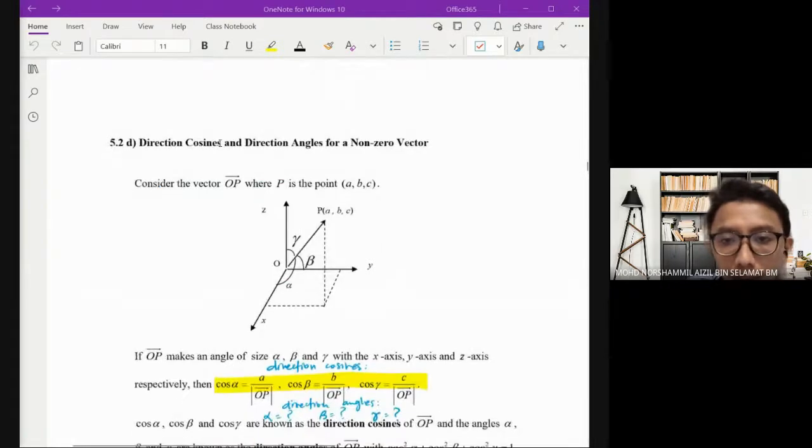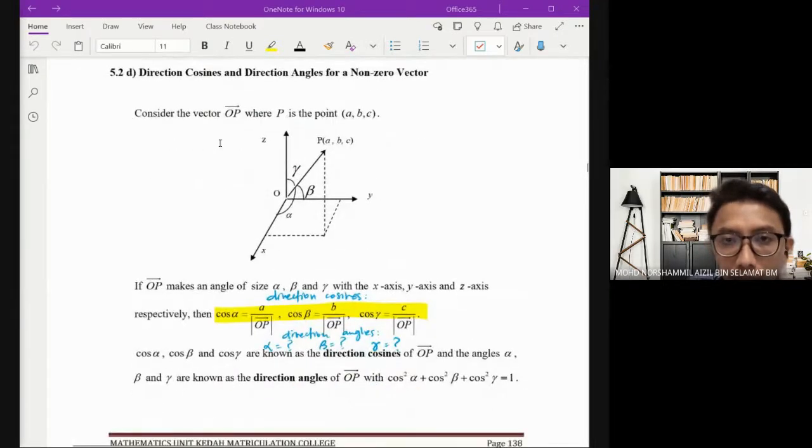Okay, and then we do have the last part that we have done last time, direction cosines, finding direction cosines and finding direction angles. Easy very easy this one. Just need to know that to get direction cosines, you just need the first element of your vector divided by the magnitude.